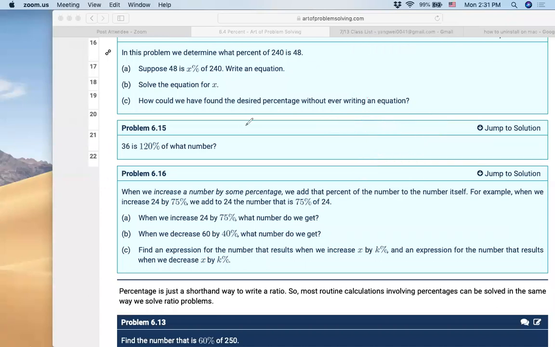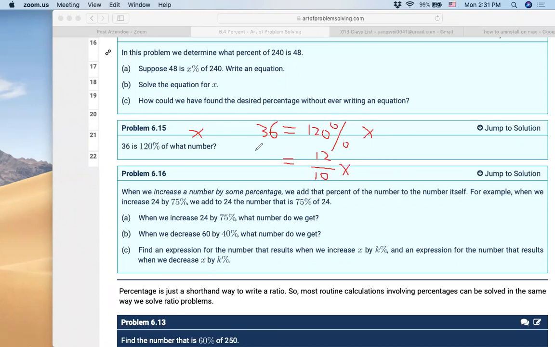Now let's see 6.15. This one asks, 36 is 120% of what number? You can set that number as x, right? Then you can immediately write the equation: 36 equals 120% times this x. Then you simplify: 120% actually equals 12 divided by 10.